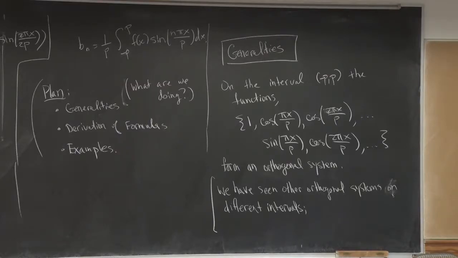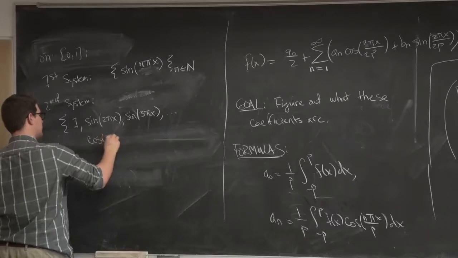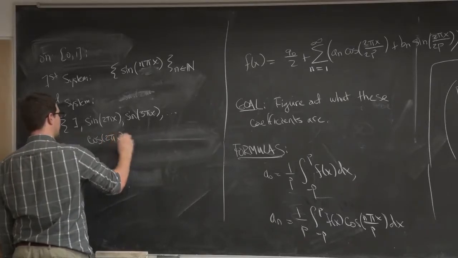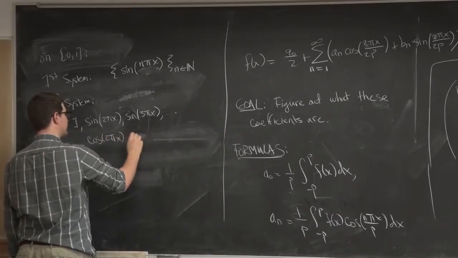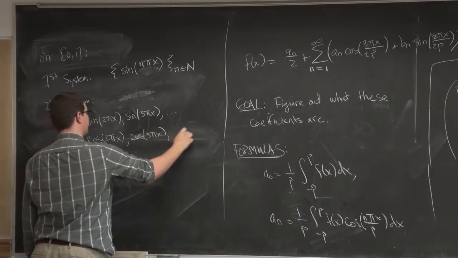The second system consisted of 1, sine 2 pi x, sine 3 pi x, and so on and so forth. And then we had cosine 2 pi x, cosine 3 pi x, and so on and so forth.